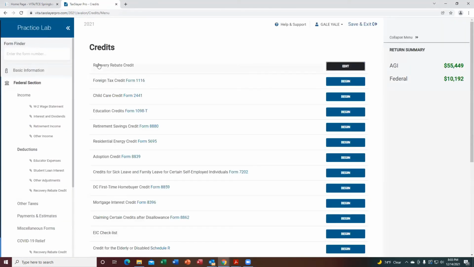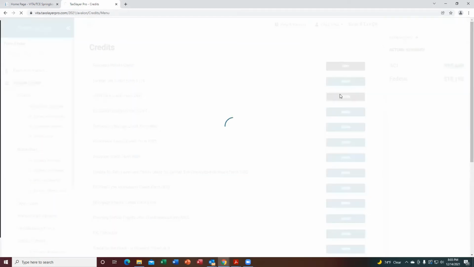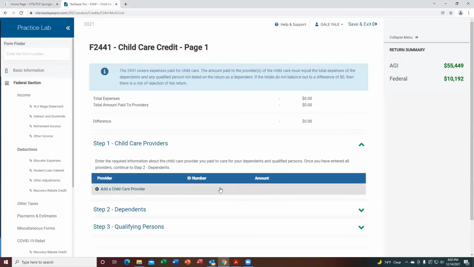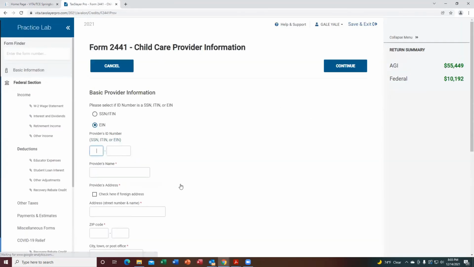So we're under section credits, and the child care credit. Okay, thank you. And so the first thing is adding the provider information, or the facility that provided the care.